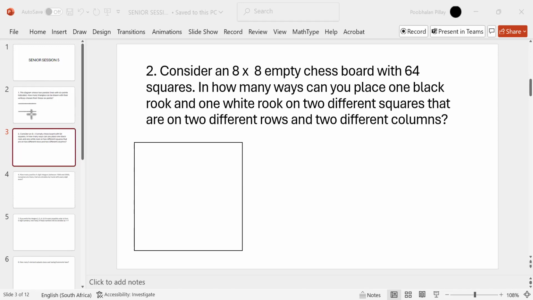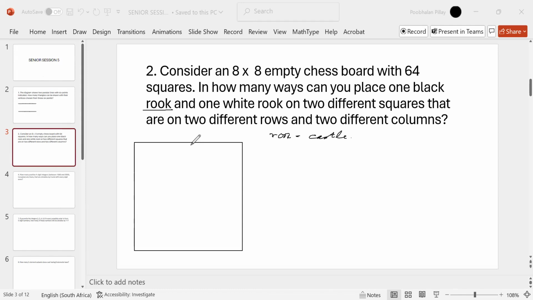Okay, let's understand this. Firstly, a rook. What is a rook? I don't know how many of you play chess. But anyway, a rook is another name for a castle. Sometimes we call it castle. Okay, so you've got one black rook and one white rook on two different squares.